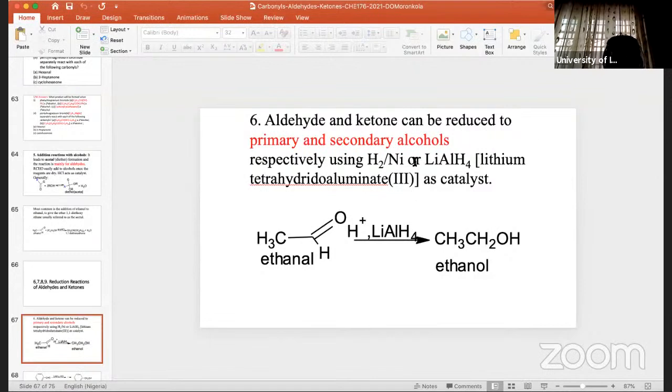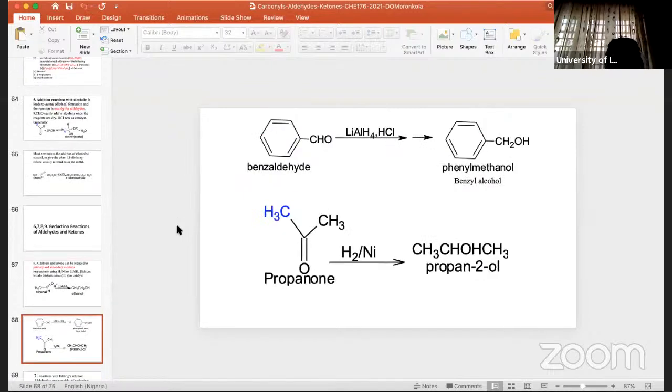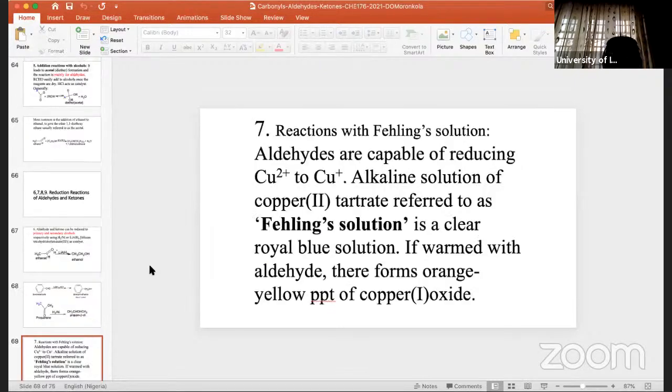Likewise, lithium aluminum hydride, that's why I put etc. If you go and observe the slide where I placed that 6: aldehydes and ketones can be reduced back respectively to primary alcohols for aldehydes and secondary alcohols for ketones, utilizing any reduction reagents. These are quite simple examples of utilizing your reducing agent. This is an aldehyde giving the primary alcohol, and this is a ketone giving the secondary alcohol.